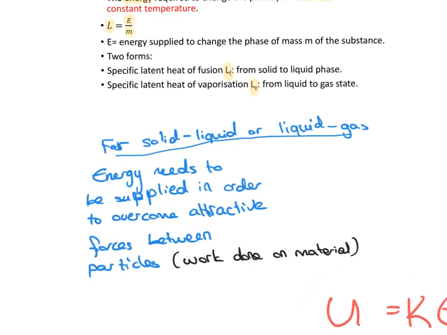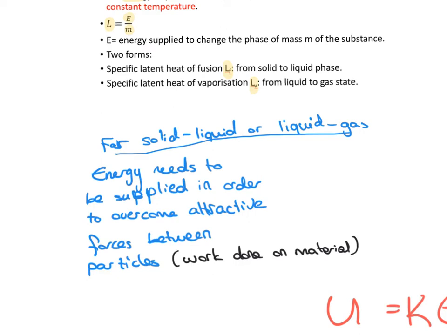So in order for us to go from solid to a liquid or a liquid to a gas, energy needs to be supplied. That's very important. Remember that you have to supply energy to break the attractive electrostatic forces between the particles, so atoms or molecules or ions in a substance.